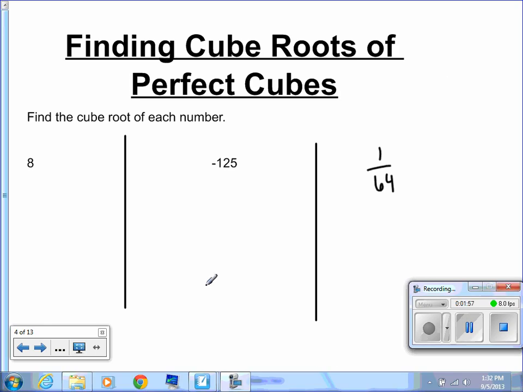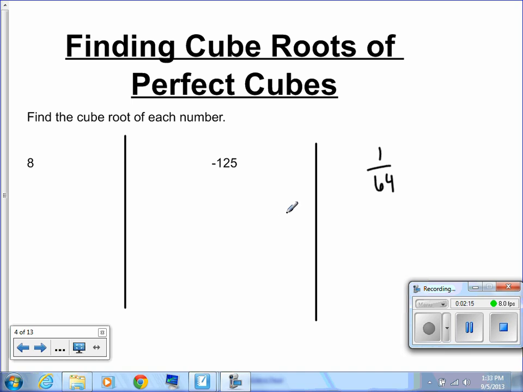So let's look at these 3 examples. We just did number 8, so we're going to look at negative 125. I want to find the cube root. What times what times what is going to give me negative 125?